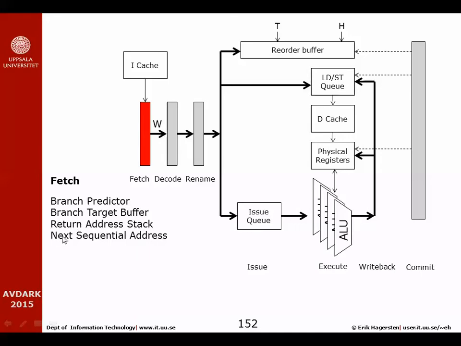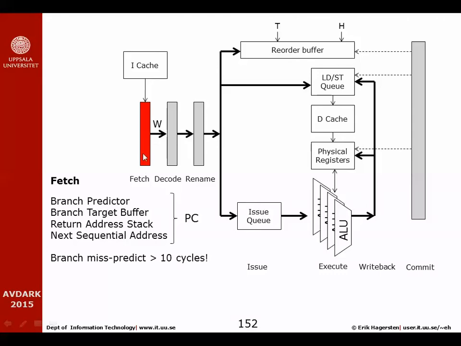And we also calculate a next sequential address. So all these 4 boxes sit inside the fetch stage. They all help us figure out what the next PC should be using some kind of prediction. The logic for implementing this is quite complex. A good branch predictor is a very, very complex design these days.